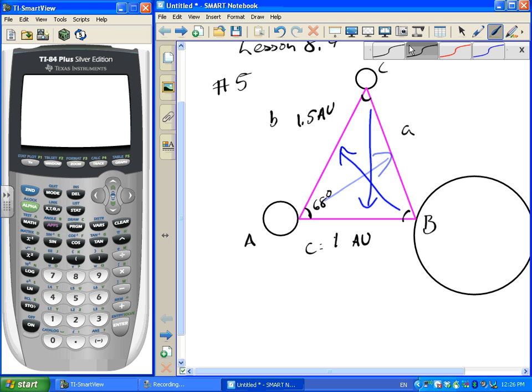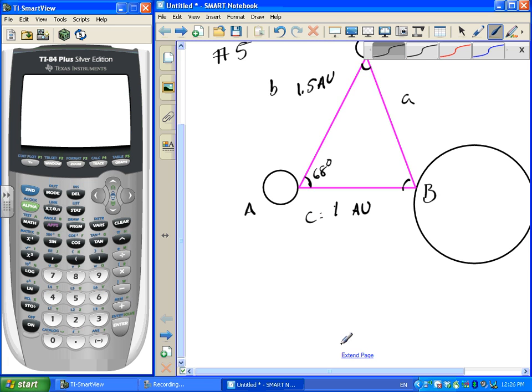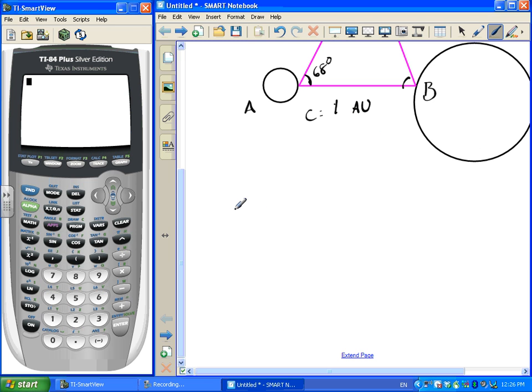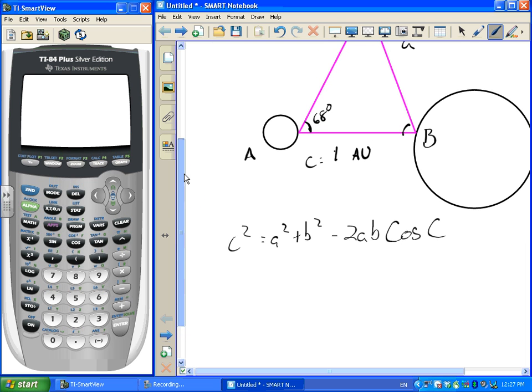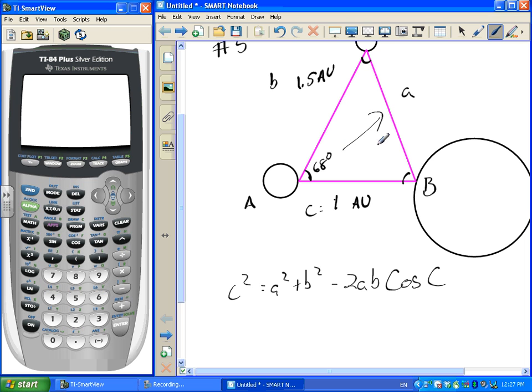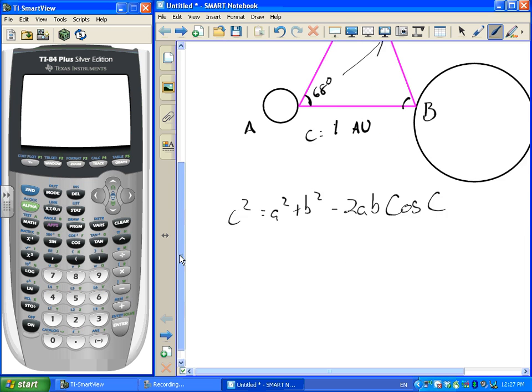I need to use cosine law, and I'm going to solve for the distance between Mars and the Sun. So, cosine law is c squared equals a squared plus b squared minus 2ab cos C. Our angle C is 68, and we're trying to find the distance between Mars and the Sun.